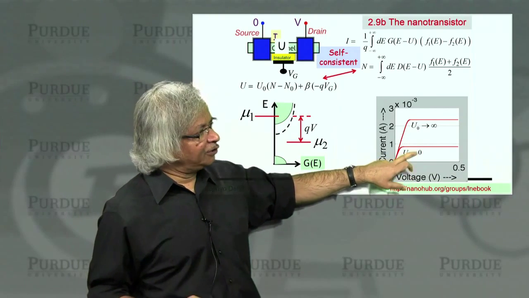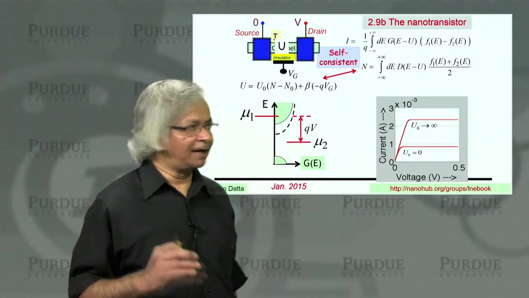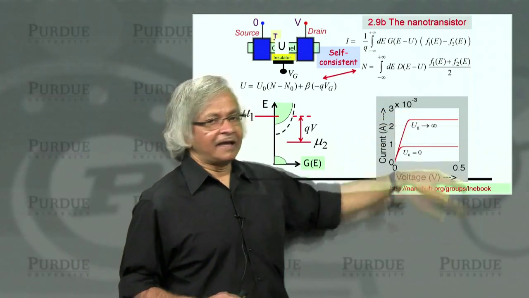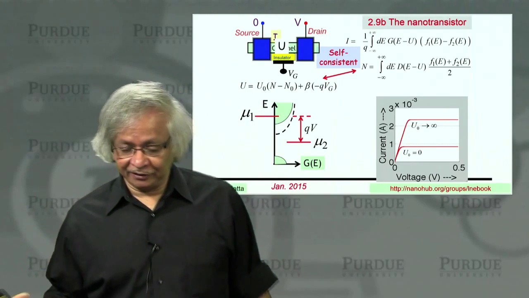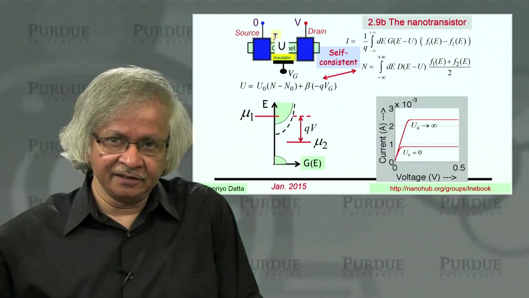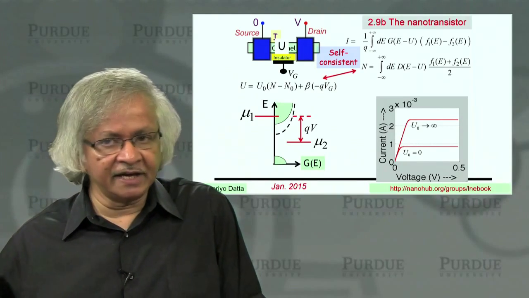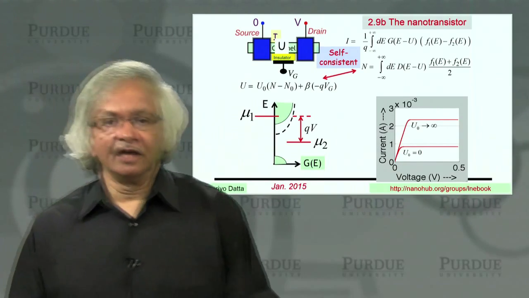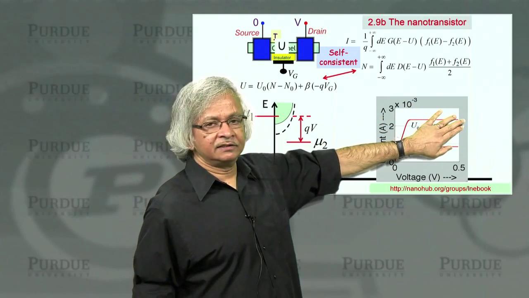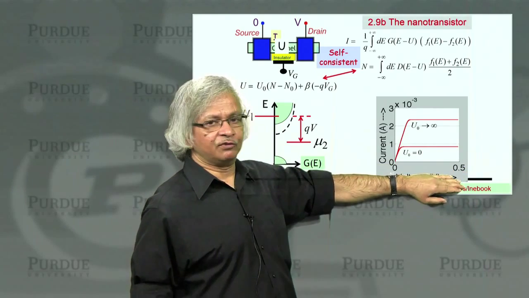any expert, if they looked at this curve, of course what would bother them is this perfect saturation. Actually, you see, that's a very good thing. If you had a transistor with such perfect saturation, that would be great, because when you're trying to design circuits, it helps if your transistor current in the on state is independent of this voltage.